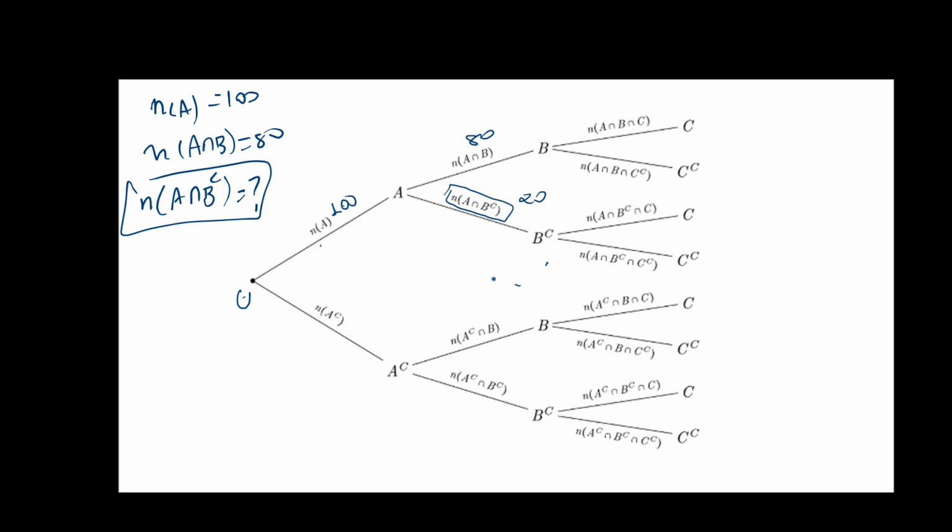Okay? And again, this kind of proves that the set A is actually whatever path you take, right? It's 80 or 20, meaning you can either be in A and B or A and not B.